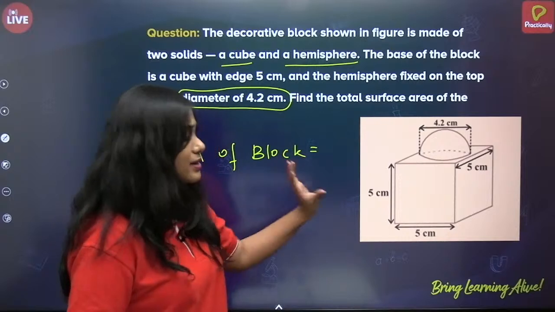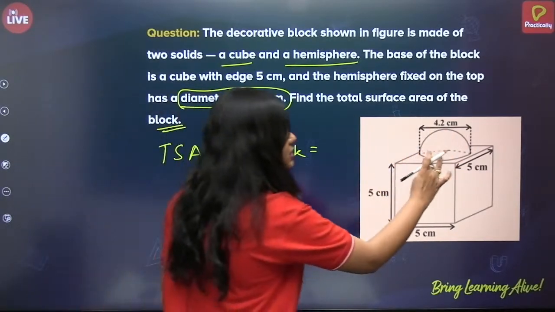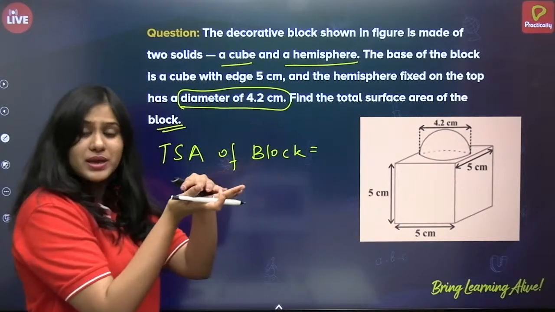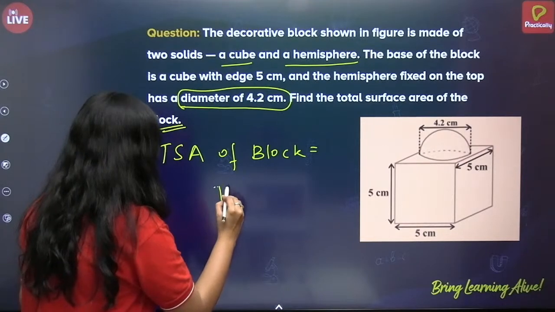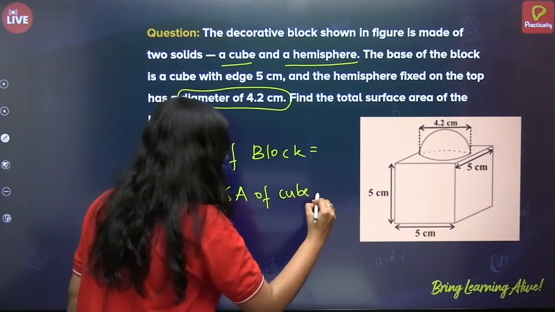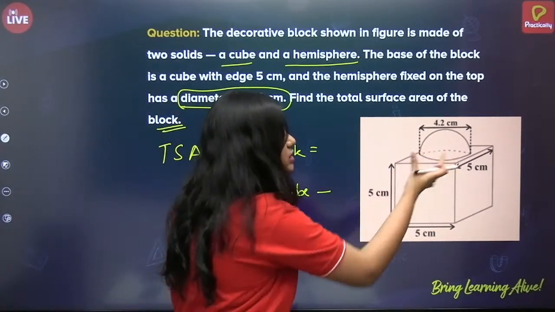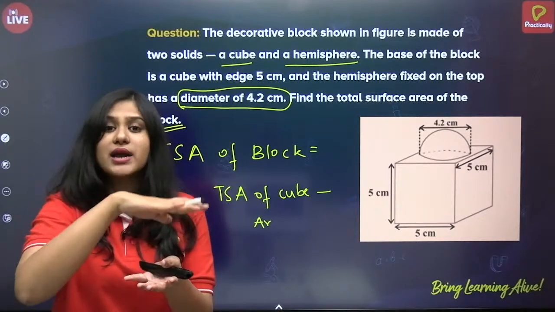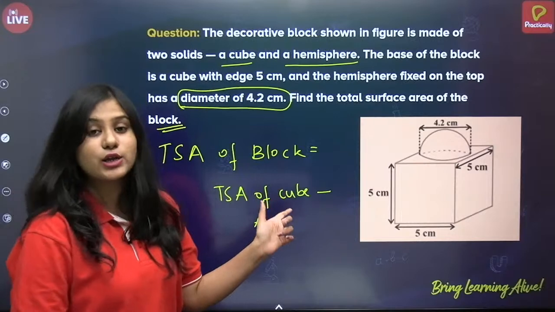First, let me just write the complete TSA of cube minus the circular portion, because it is covered, correct? We need not find that. So, TSA of cube minus area of circle. Why? Because this portion of circle is closed and we do not want that to be considered to find the total surface area of the block.